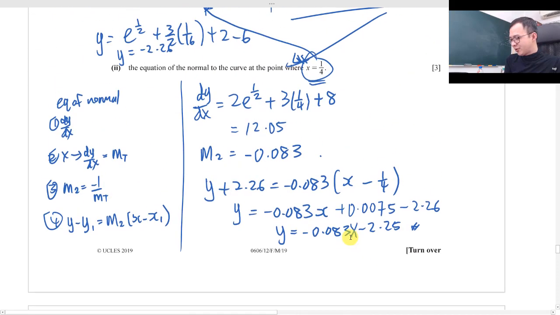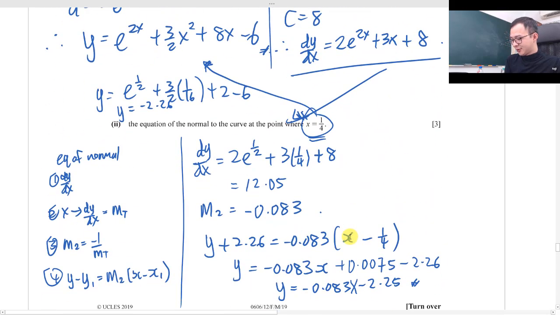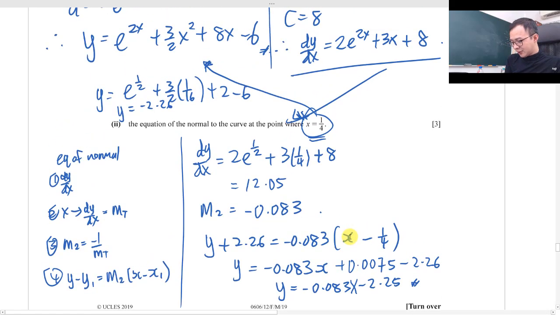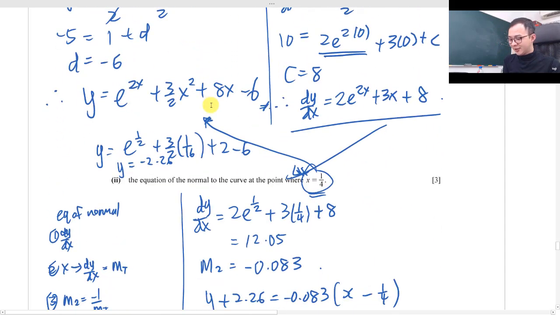Question 10. What happened to question 10? Yep, question 10 is here. Which part do you need? Oh, you mean isn't the gradient equal to 10? Alright. This gradient equals 10 is when x equals 0. But then over here, they say the x is no longer 0 because your x is 1 over 4.